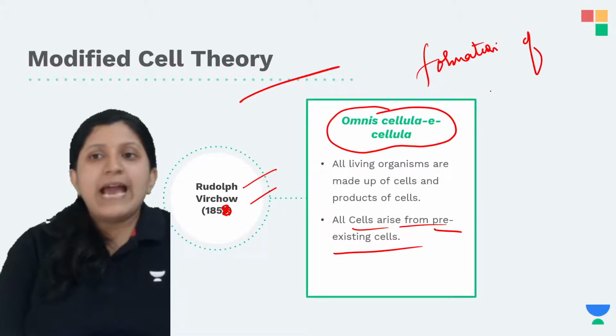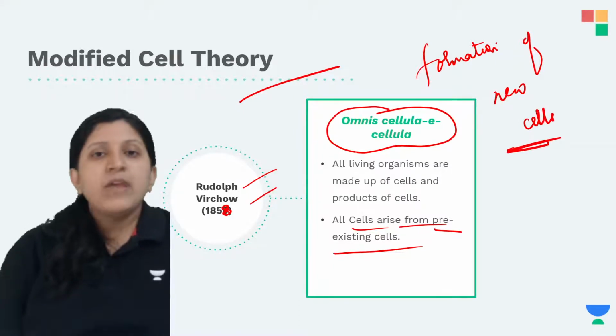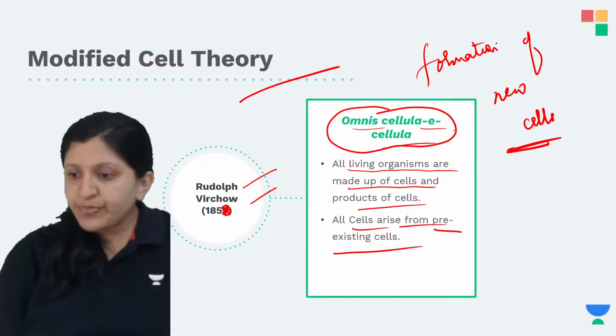How exactly are new cells being formed? That was said by Rudolf Virchow, which is omnis cellula e cellula. All living organisms are made up of cells and the products of cells, was said by him.